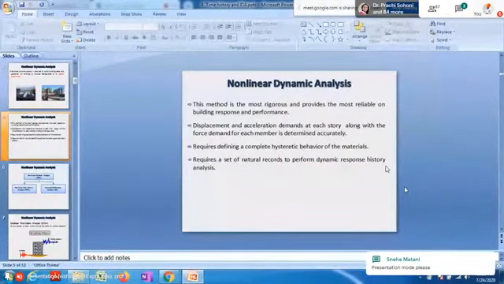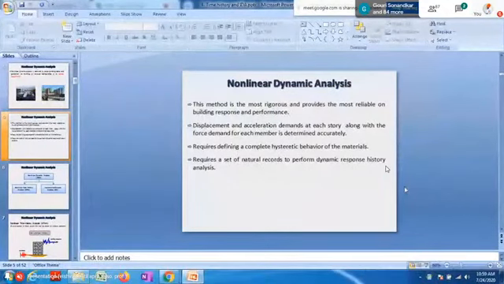To perform non-linear time history analysis, what is essential is that whatever the material is, concrete, its hysteresis behavior, its cyclic behavior, must be known. Because we are applying a ground motion on a structure, and the ground motion is cyclic in nature.